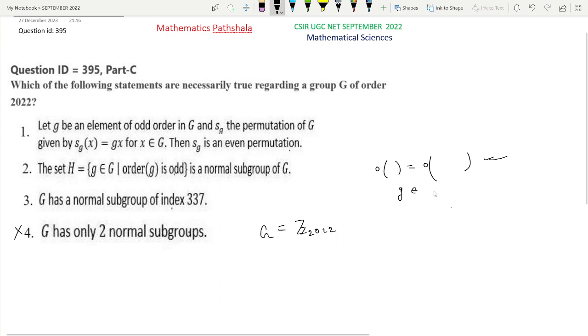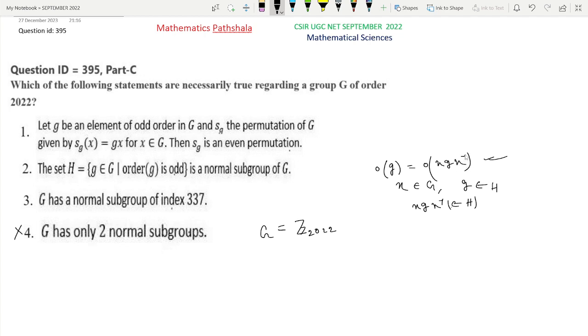If we take any element x belongs to G and g belongs to H, now we have to prove that x inverse g x belongs to H or not. Now we have the order of g equal to the order of x inverse g x. This is a well known standard and also easy result.